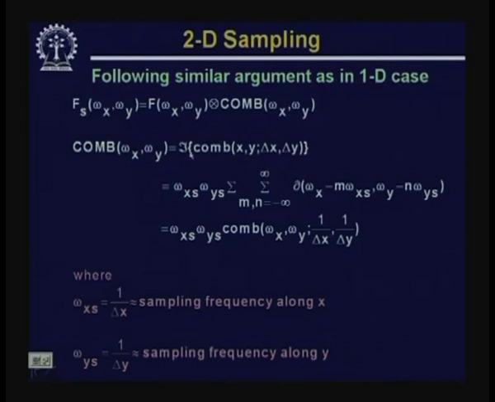If you compute this Fourier transform, you find that comb omega x omega y will come in the form omega x s omega y s comb of omega x omega y, where omega x s is 1 upon delta x, which is the sampling frequency along the x direction, and omega y s is 1 upon delta y, which is the sampling frequency along the y direction.